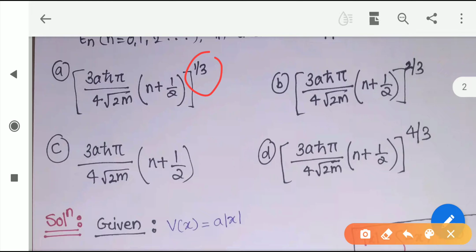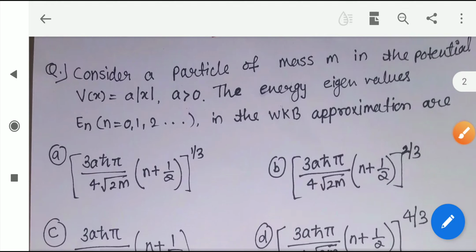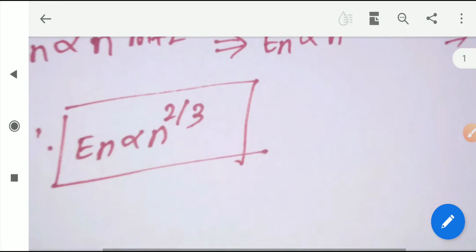In option B, 2 by 3. In C, we have power 1. In D, we have 4 by 3. So obviously option B is correct. I hope you have understood how to solve this numerical by using the simple trick method.